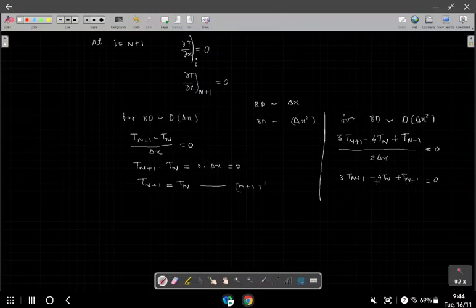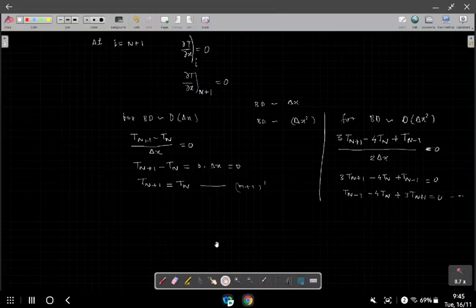We can write this also. You can arrange this in order: T(n minus 1) minus 4 Tn plus 3 T(n+1) equals 0. This is also a possible equation, but we'll go for the first one.